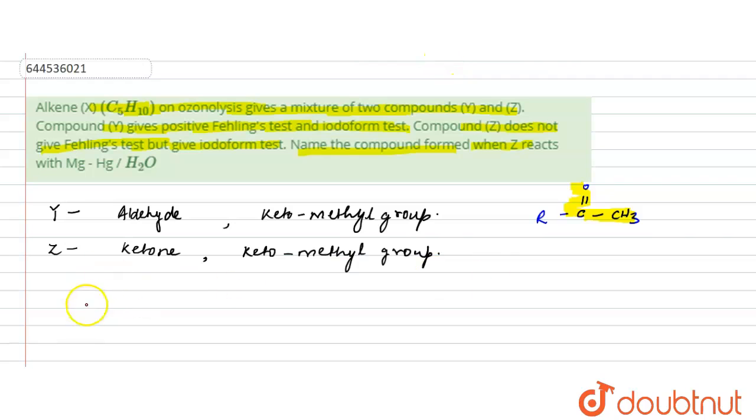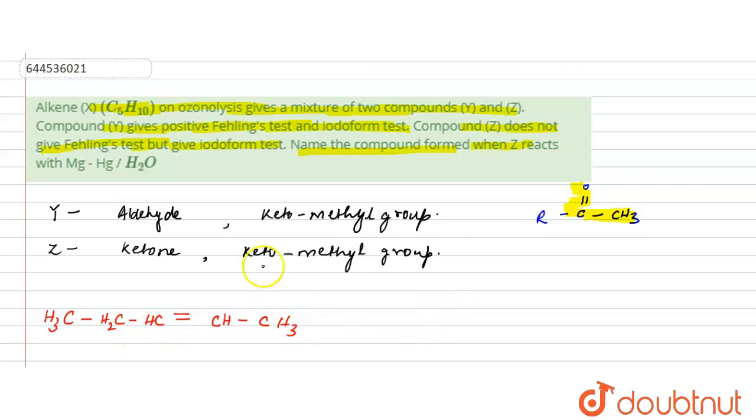So if we draw the straight chain alkene with 5 carbons, here CH3, here CH3, and you can draw the double bond anywhere. Even if you draw the double bond here, then there will be 1H, 1H, and here CH2.